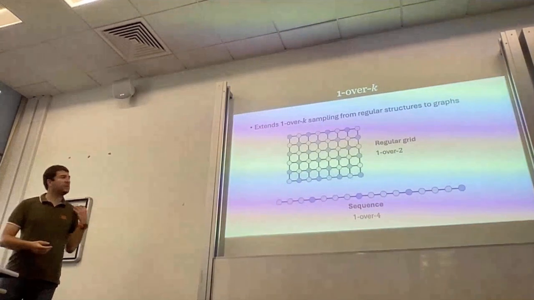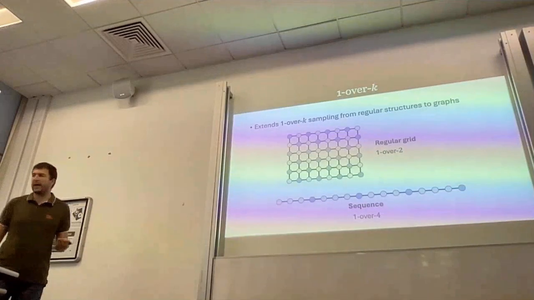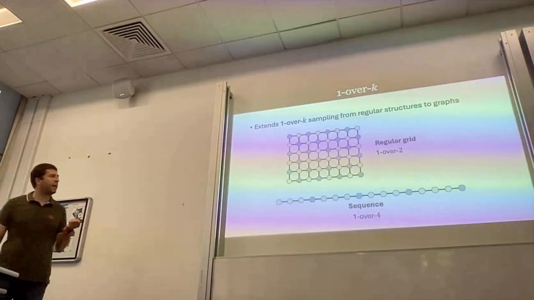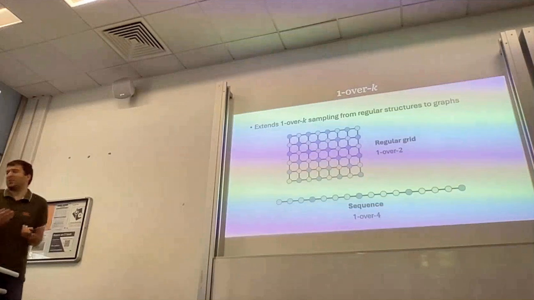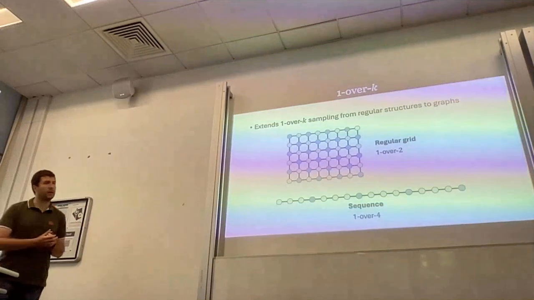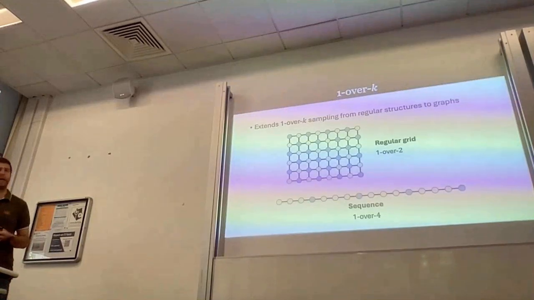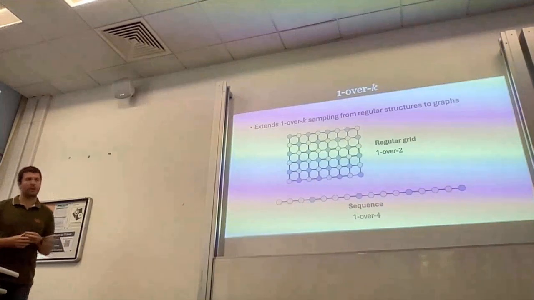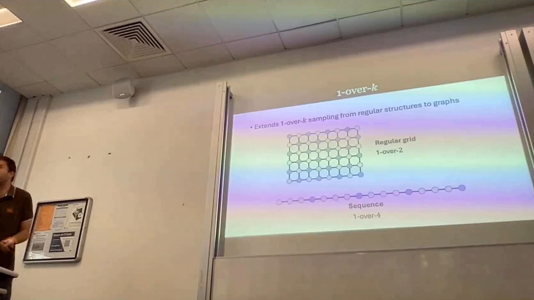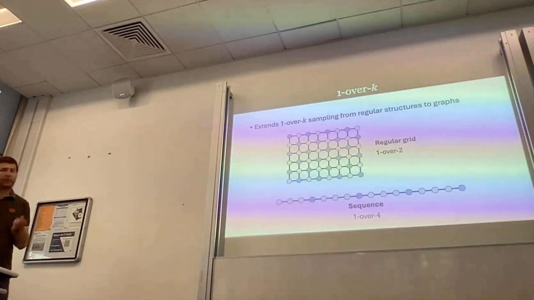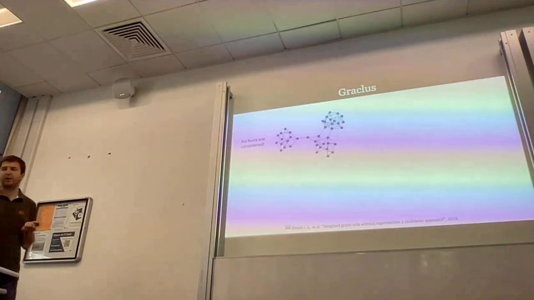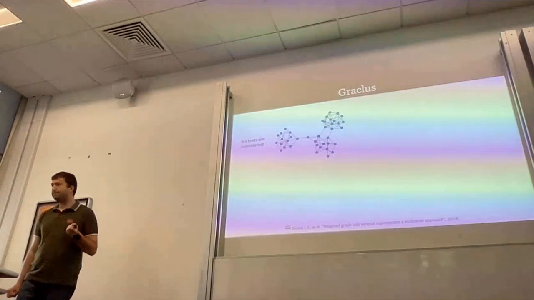If we think about a sequence and we want to say, let's take one element every 4, it's also even more straightforward how to do it. But how to do it on a graph? The concept of one every other node is not really clear because there is no order between the nodes. So there are a few methods which try to answer this question.